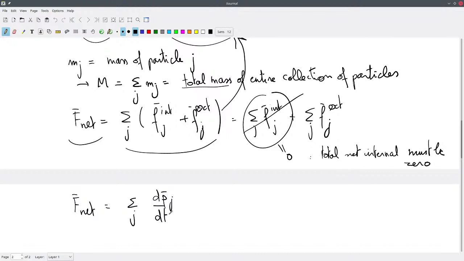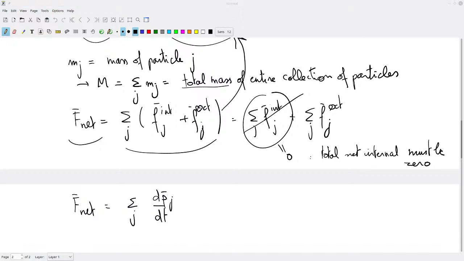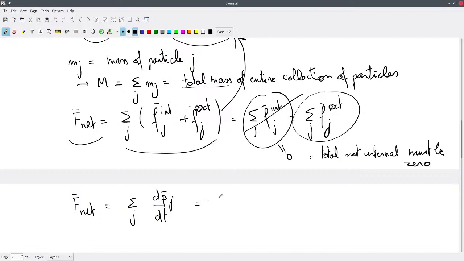So the net force on the collection of particles will also be equal to the sum over all of the time derivatives of the momenta of this collection. And this now is equal to the sum of only the external forces over all of the particles j.